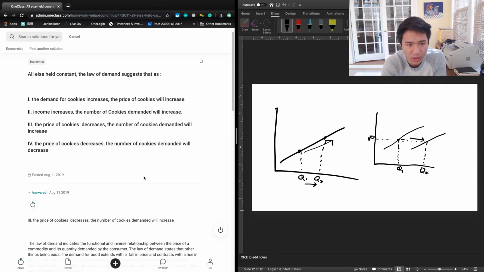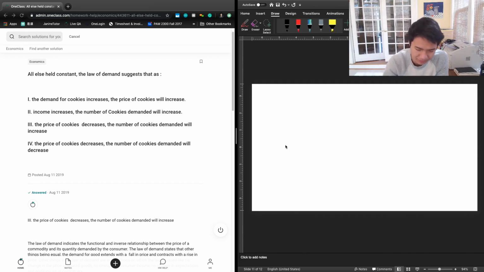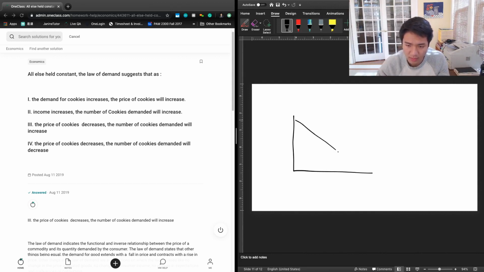And so we know the law of demand is something that is really important to understand, and you can remember it either just by memorizing it or by referring to our demand curve, which is going to look like a downward sloping graph, right? This is a demand curve, and remember that the y-axis has price on it and the x-axis has quantity on it.